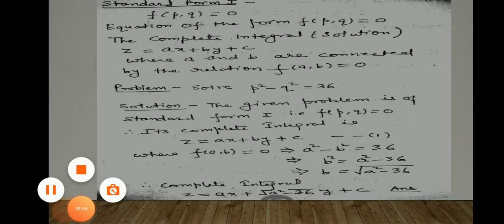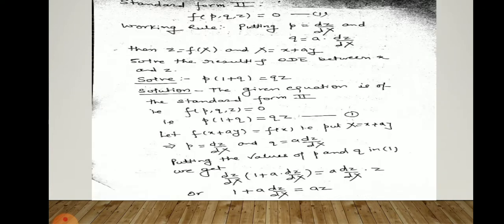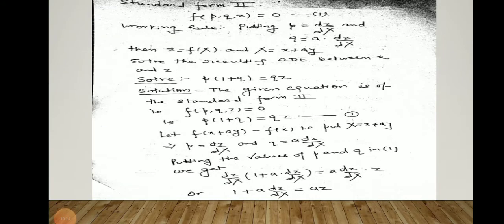Now we are going to discuss the second form, which is called standard form second. The form is f of p, q, z equal to 0, or we can say that the standard form second is the equation involving only p, q and z.